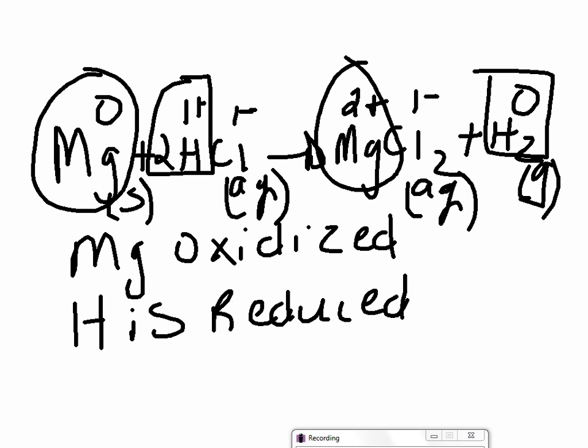Let's say we've got another reaction where fluorine is going to react with NH3. Would this happen?